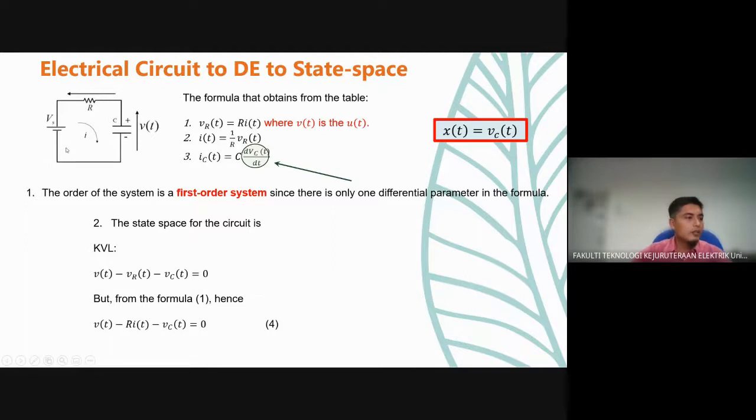All right, VT is the input minus VRT minus VCT equal to 0. Same thing, same step. Then based on the formula, we just need to do the replacement here. VT minus R IT minus VCT equal to 0.